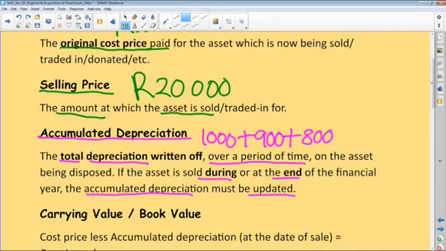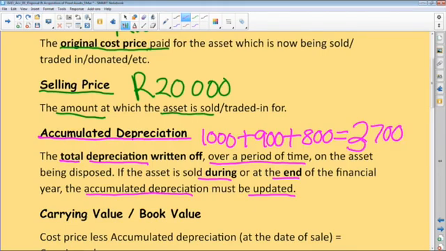Guys, I'm just making up these figures, so don't get stressed about it. So in total, what is my accumulated depreciation? It's these three amounts added up, which should give me an amount of 2,700. Hopefully that is correct and not 3,700. Yeah, it should be 2,700. Let's just fix that.